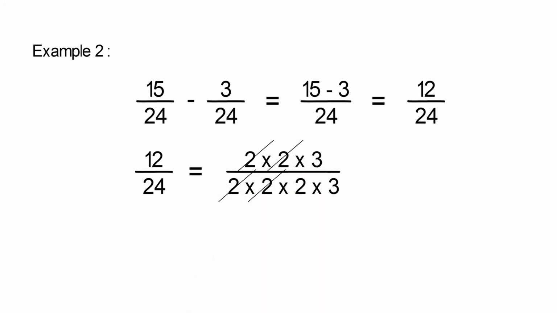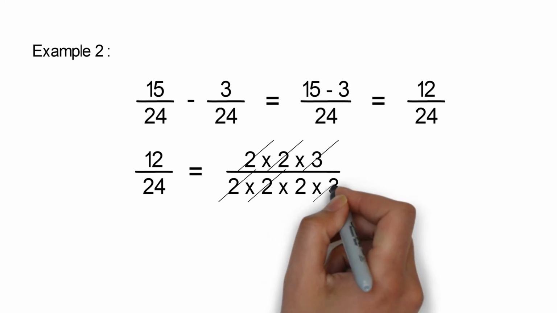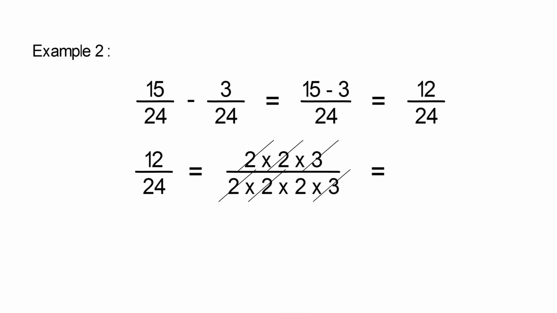Then, divide both the numerator and the denominator by 3. So, what is left in the numerator is 1 by 1 by 1, which is equal to 1. And the denominator is 1 by 1 by 2 by 1, which gives us 2. That leaves us with a reduced fraction equal to 1 by 2.